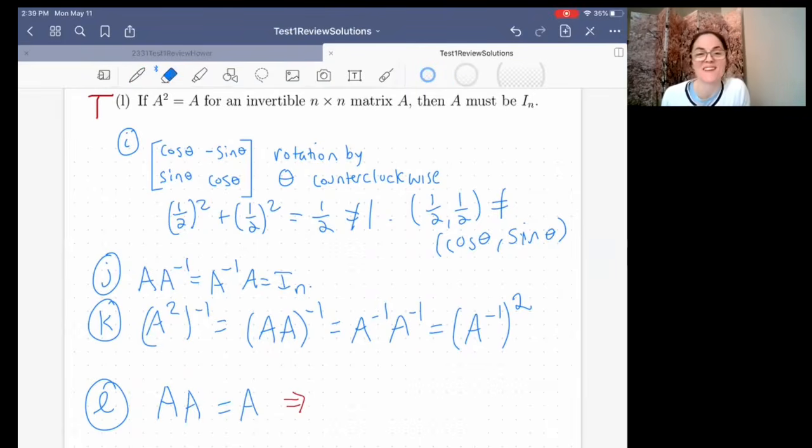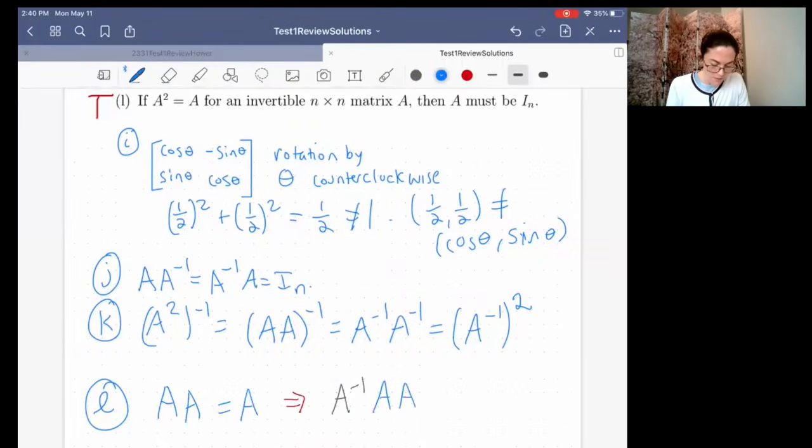That's A squared, just 2 of them, not 3 of them. With 3 of them, that would not be the case. A squared is A. Now we need to conclude that A is the identity. Well, A is invertible. So I can just multiply by A inverse, and then I have AA, and this will equal A inverse, and then I have A.